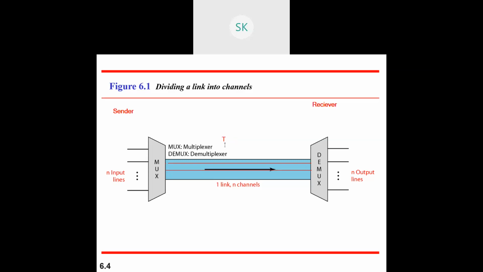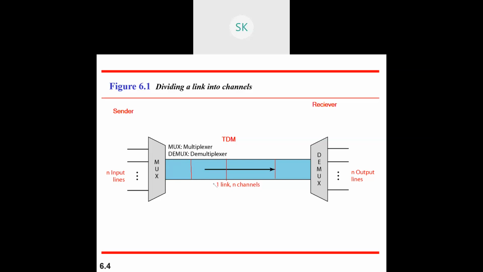So what is frequency division multiplexing? When will we be applying it? Normally, suppose the channel can accept an analog signal, or the signal that has been sent from the sender is an analog type of signal. Say, for example, a human voice is transmitted, then it is an analog signal, right?